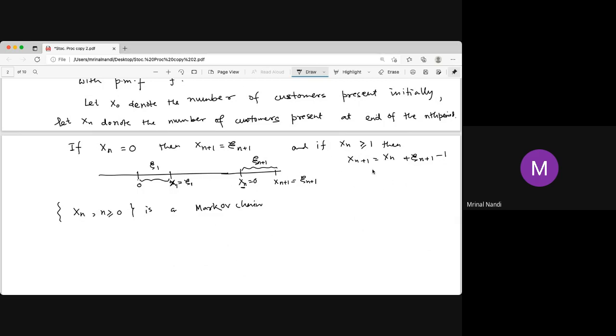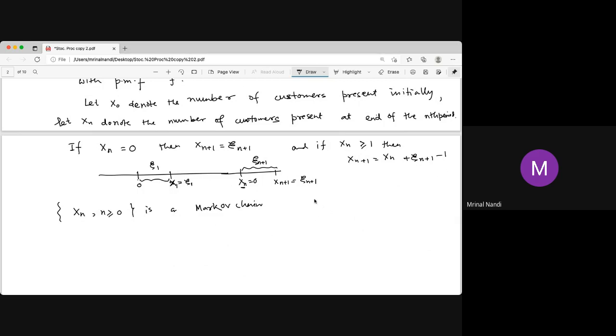So the probability of xn plus 1 being, say, 7, given that xn is, say, 5, does not depend on xn minus 1. It depends on ξn plus 1 and on xn, but not on xn minus 1. It is a Markov chain.